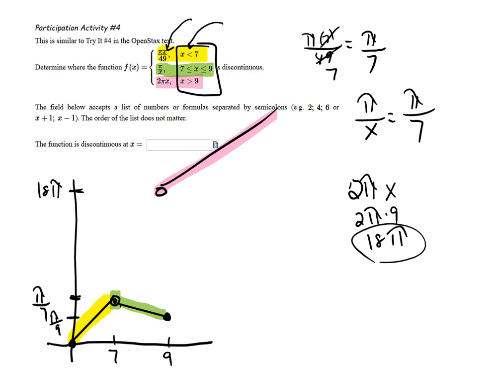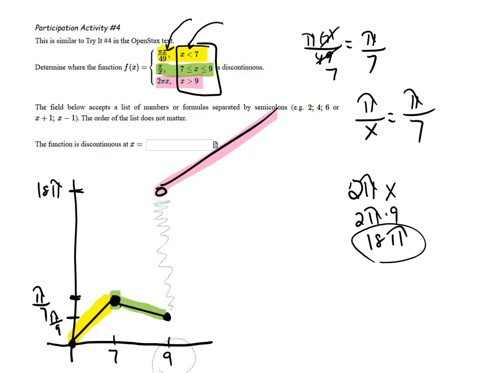And so I can see that there is a gap right here. It's discontinuous at the 9. Determine where the function is discontinuous. It's discontinuous at the 9, not at the 7, because the 7 actually gets included in the green graph, not in the yellow, but in the green graph.